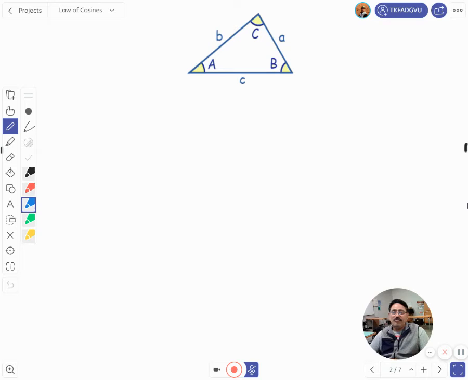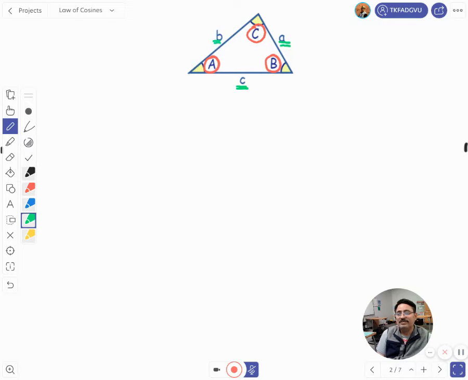Let's take a triangle. Don't get confused. The uppercase letters indicate the angles, and the lowercase letters indicate the sides.